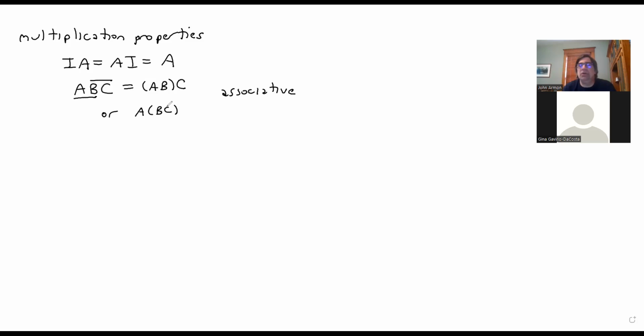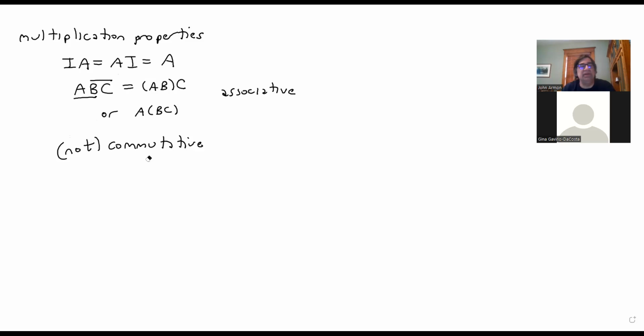Now, of course, all these are only going to work if your matrix multiplication can actually be calculated. So if these are all square matrices, for example, no problem. But if this is a 3 by 2 and this is a 2 by 4, then C is going to have 4 rows in order for that product to be defined. So remember, multiplication of matrices is not commutative.